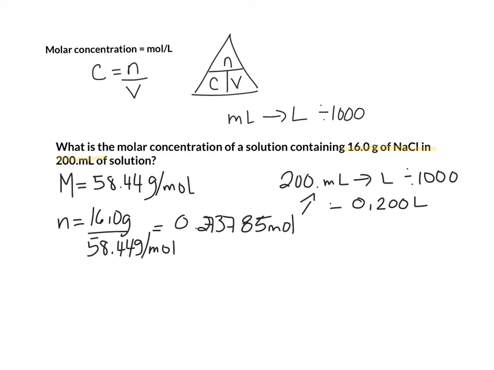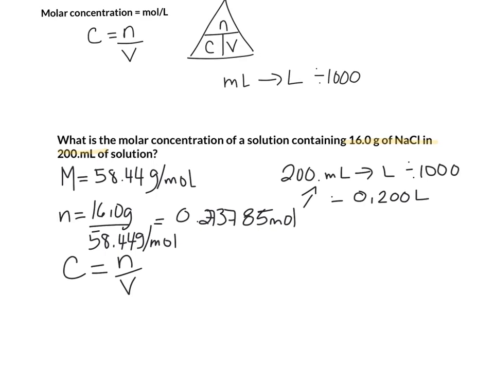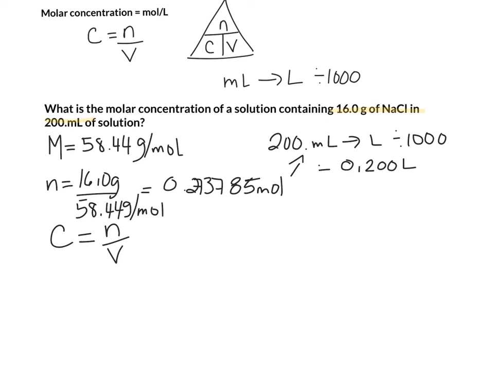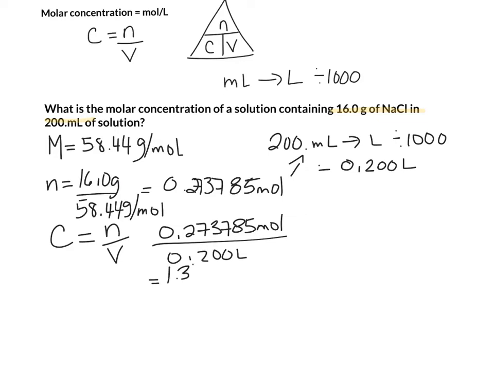0.273785 moles. Concentration is moles divided by volume. So 0.273785 moles divided by 0.2 liters equals 1.3689 moles per liter.